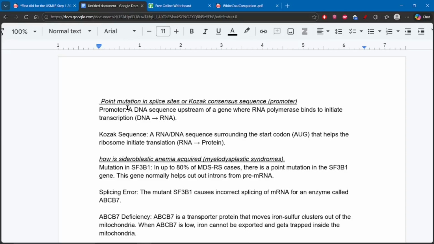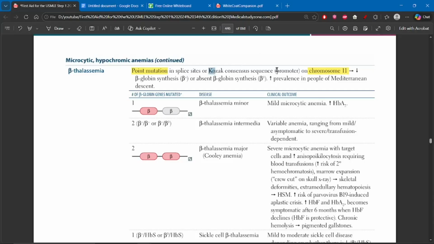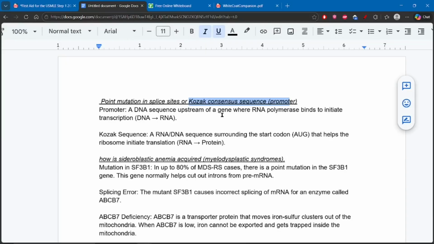Now, there is a bit of a contradiction here, in that they have mentioned the Kozak consensus sequence as a promoter, but there's a difference between the two. A promoter is a DNA sequence upstream of a gene where RNA polymerase binds to initiate transcription.